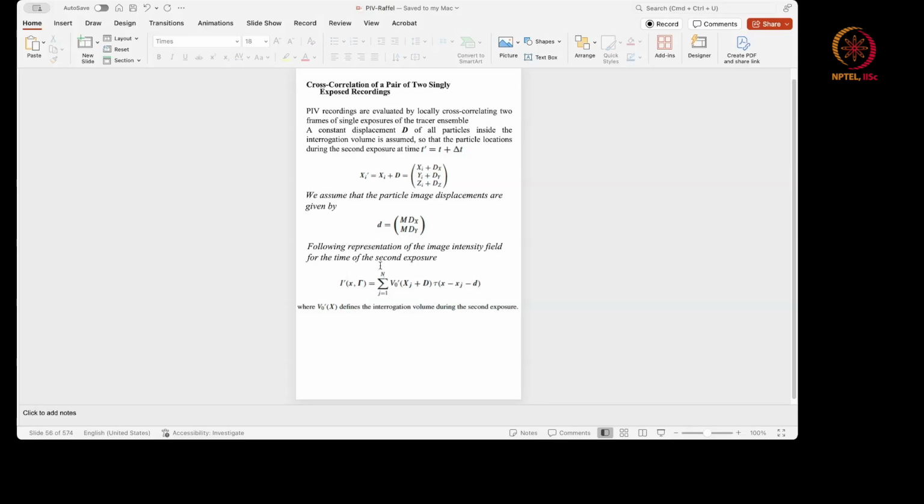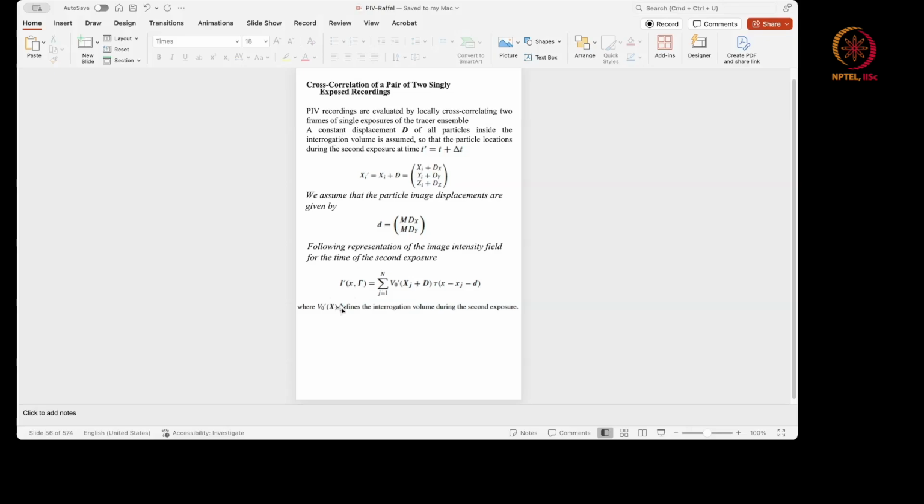So the following is the representation of the image intensity field for the second exposure, which has an added term d. This small d is the image displacement, and it is related to the actual displacement, which is the constant displacement within the interrogation volume. Remember, all particles in the interrogation volume are assumed to have a constant displacement, which is capital D. And so this is what you get.